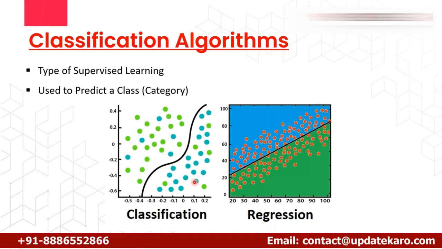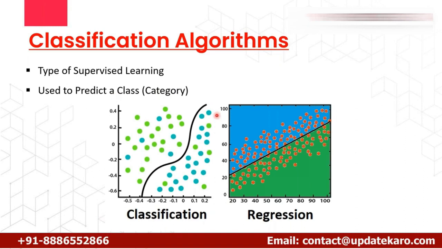We can't imagine 10-dimensional data, right? We can visualize data up to 3 dimensions, but we can't visualize 10 dimensions. So just to understand the concept of classification, from this plot you will understand what classification is.